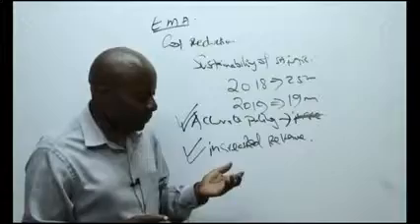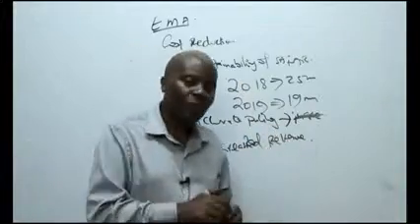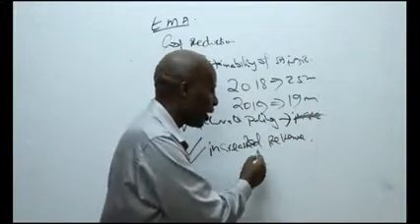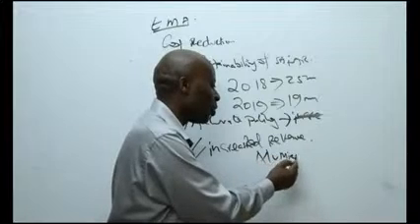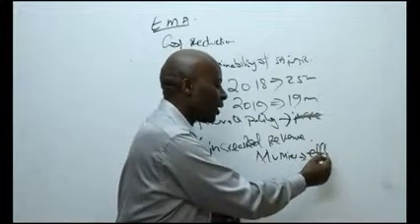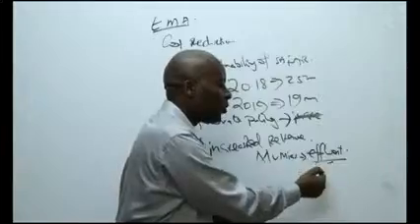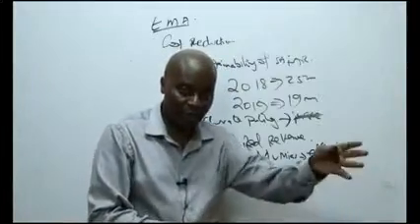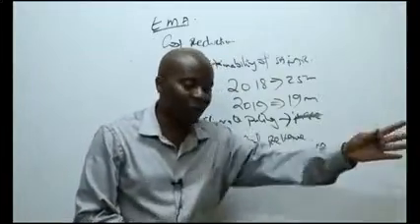Look at, for example, the example of Mumias Sugar that I gave you last time. For so long, the effluent coming especially from molasses was left flowing straight out into some river.